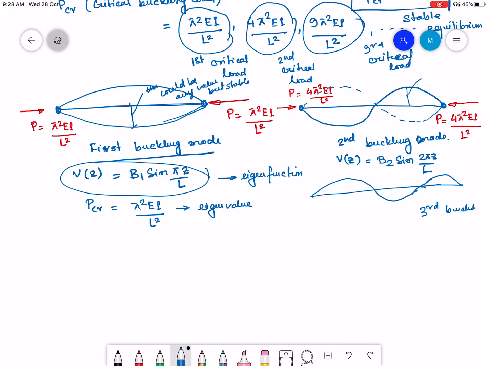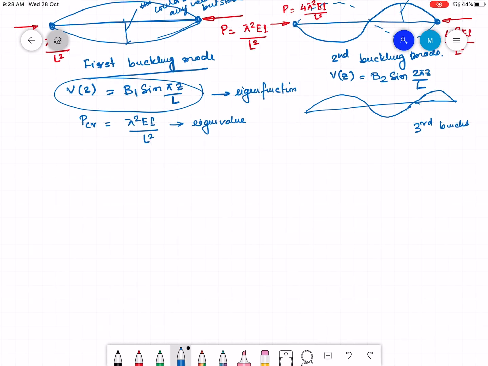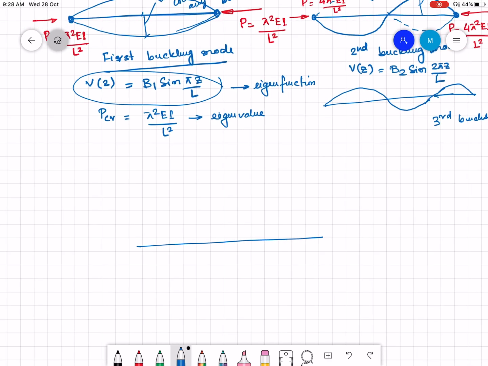Okay. Now, if I try to plot this entire process, this figure is a nice depiction of how buckling is going to happen.